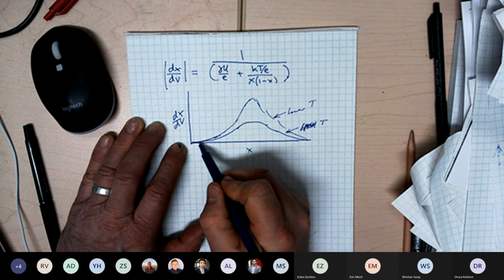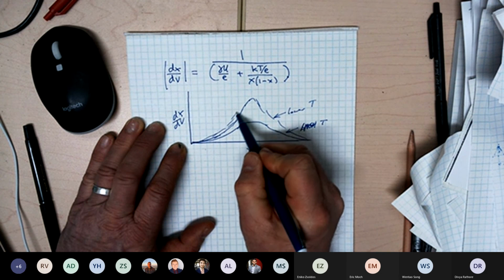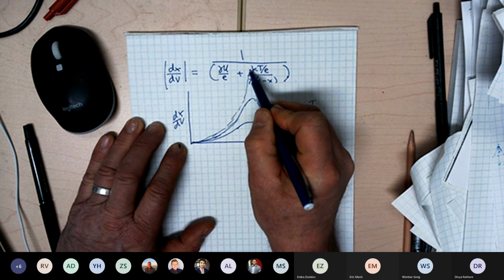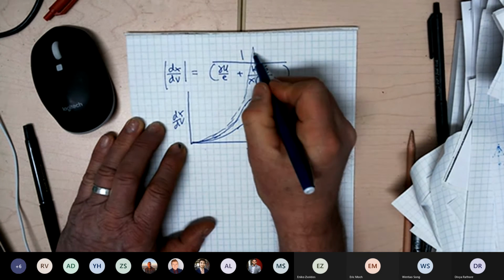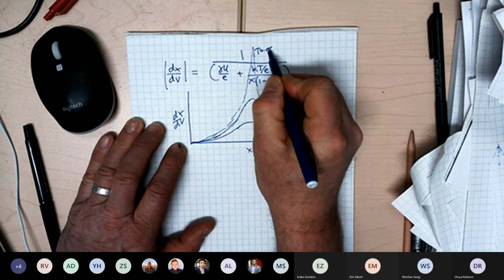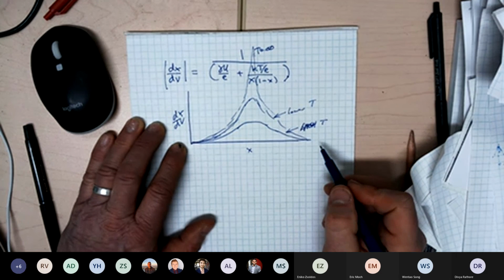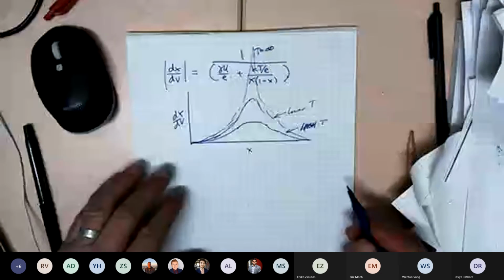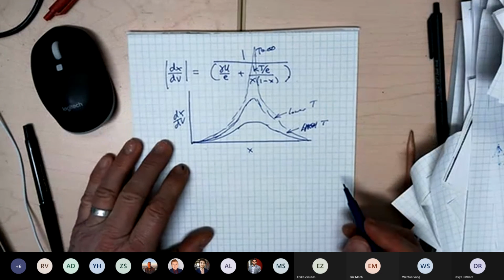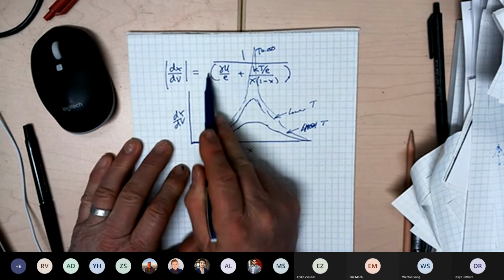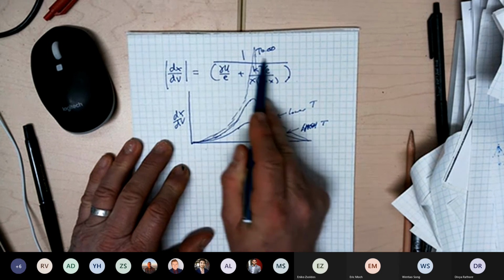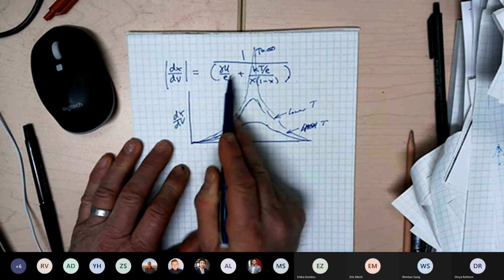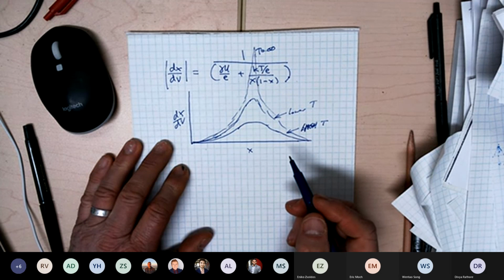And eventually, it will just go right to infinity, at some value of temperature. And we can figure out what that value of temperature is by asking when is the denominator equal to 0.